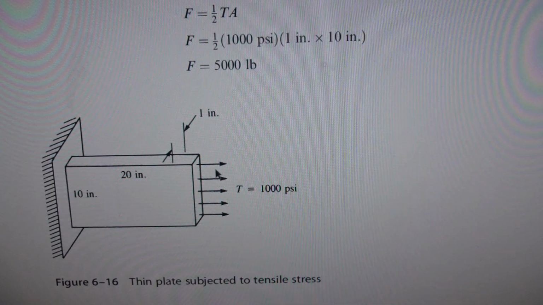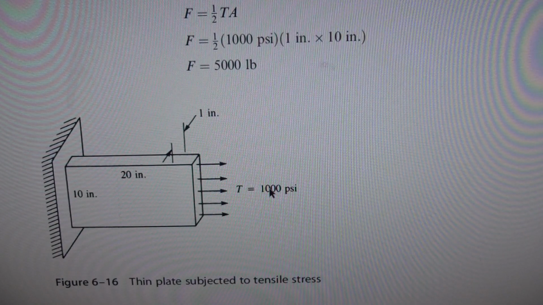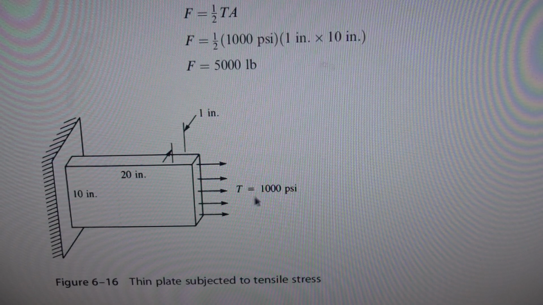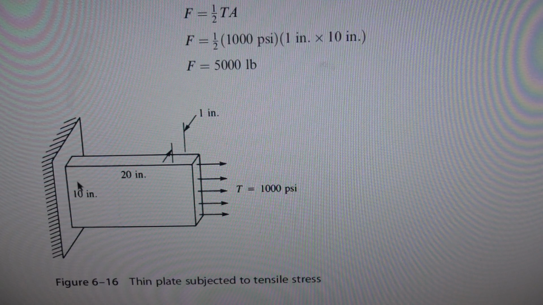This is the plate on which the traction stress of 1000 psi, pound per square inch, acts, and length is given as 20 inch, width is 10 inch, and thickness 1 inch. So how can we use the CST element and solve this problem?